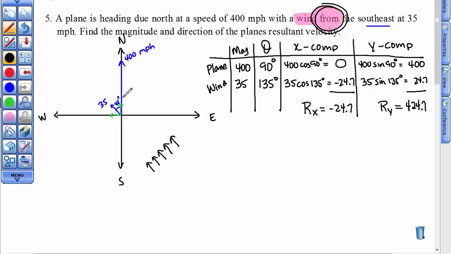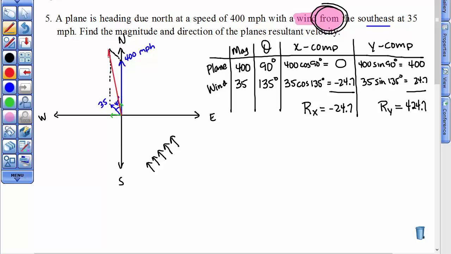So think of it as this blue vector and this little green line getting added on top. Because remember, this is how I find my resultant, by putting their tails together. The resultant vector goes to the opposite corner of that parallelogram.